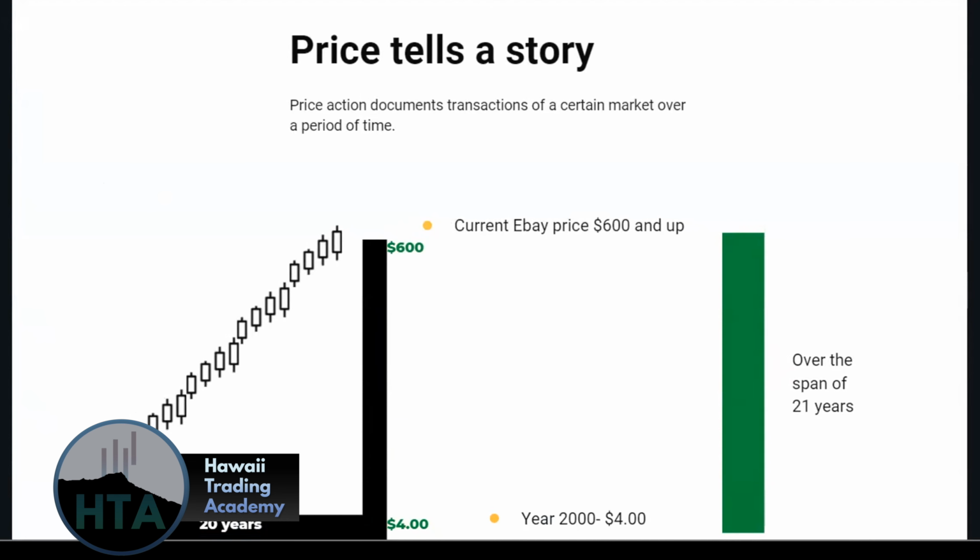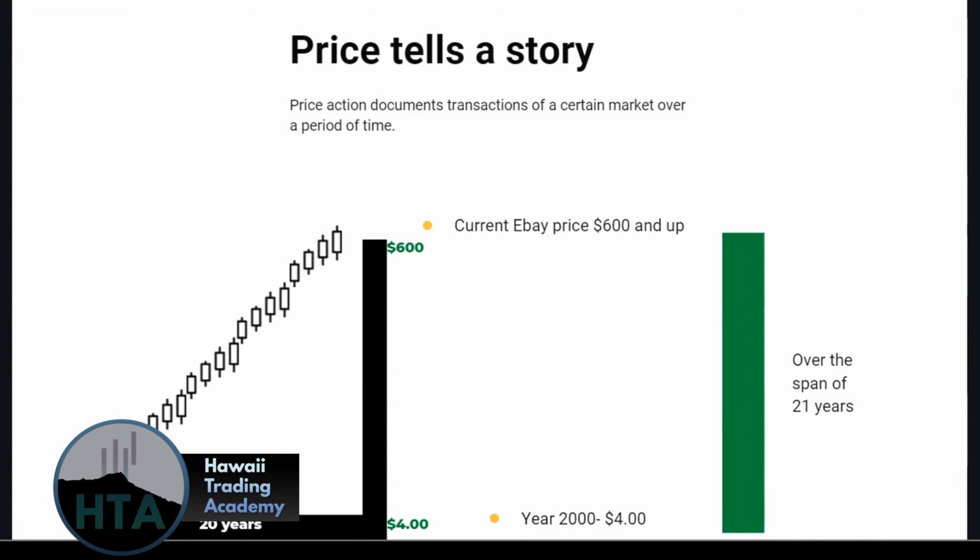If I break down that green bar into 21 candles, where each candle represents 1 year of price movement, you would see what you have on the left. I just drew a simple graph over a span of 20 years. You have on the y-axis $4 at the very beginning, and then 600.